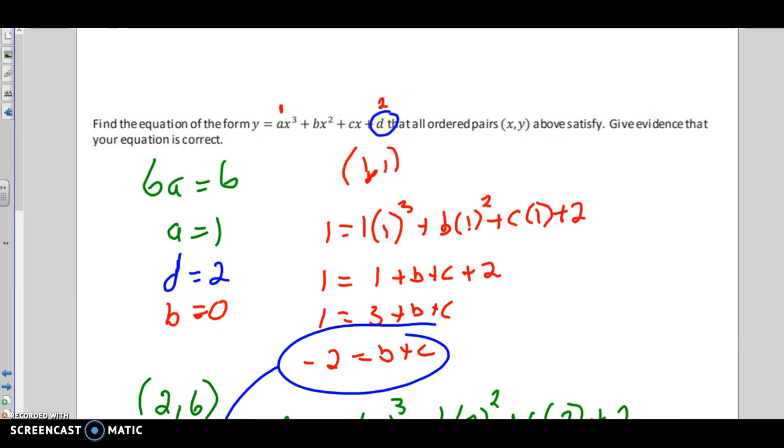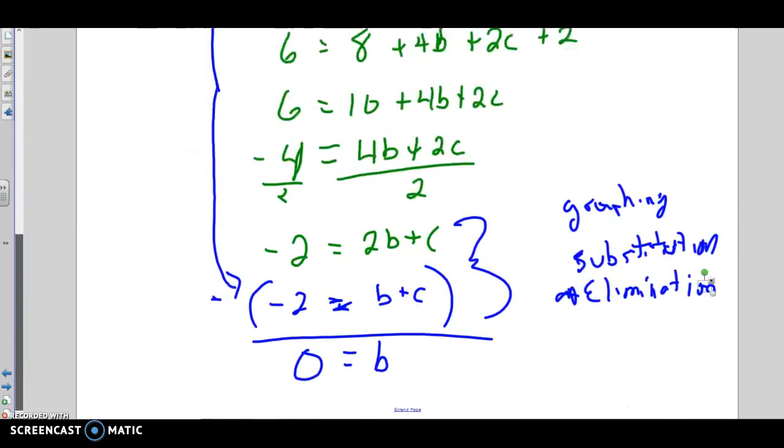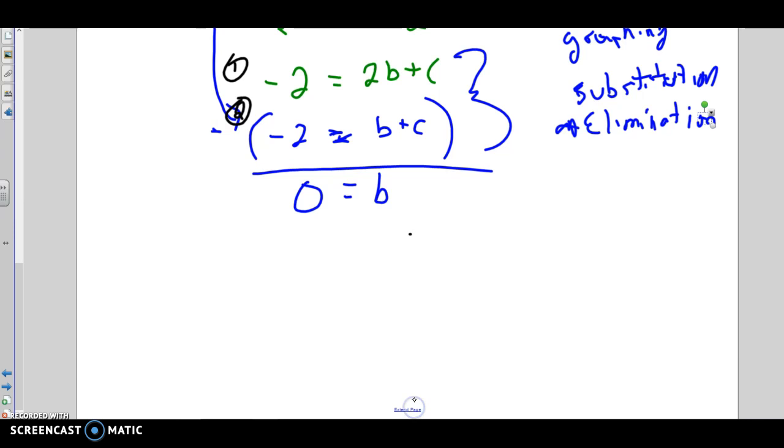All I need now is what does c equal? Going down here, I can pick either the first equation or the second equation and replace b with 0. It doesn't matter which one I choose. I'll get c is equal to -2.